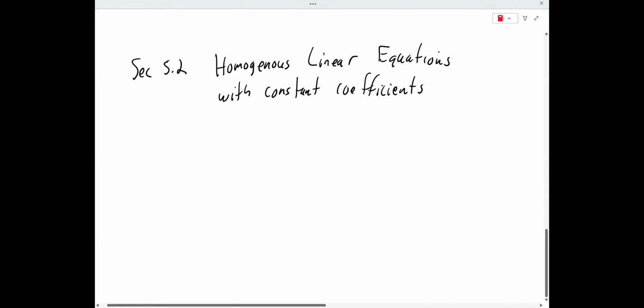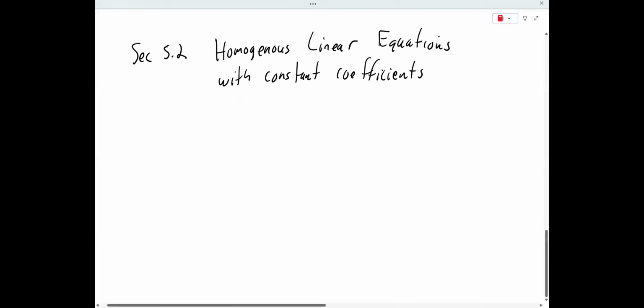Here's what the problems will look like. They'll look like this here, plus cy equals 0. So all the equations in this section look like this, where a, b, and c are constants.